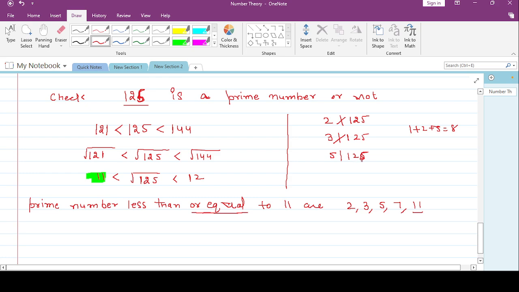See, clearly 5 divides 125. So you see that here we have found a number which divides your given number. So hence we can say that 125 is not a prime number.